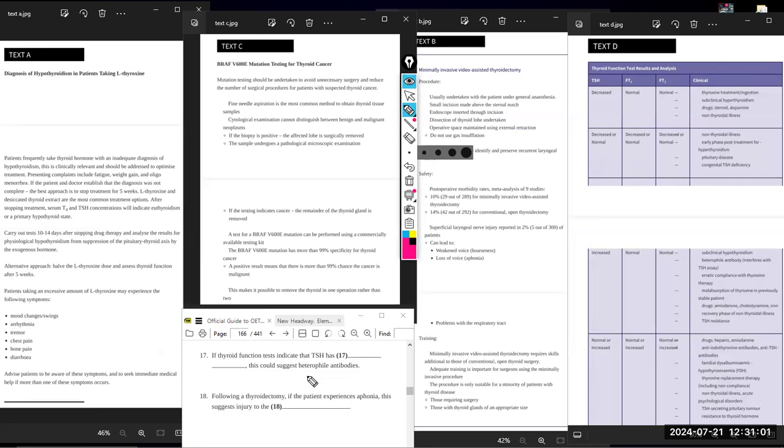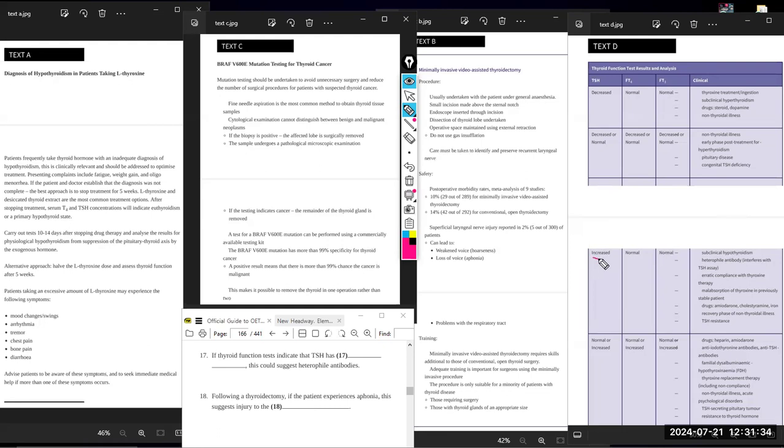The answer for 17 is increased. How did you know? Text D, the third line. We have heterophile antibody, and for TSH is increased.